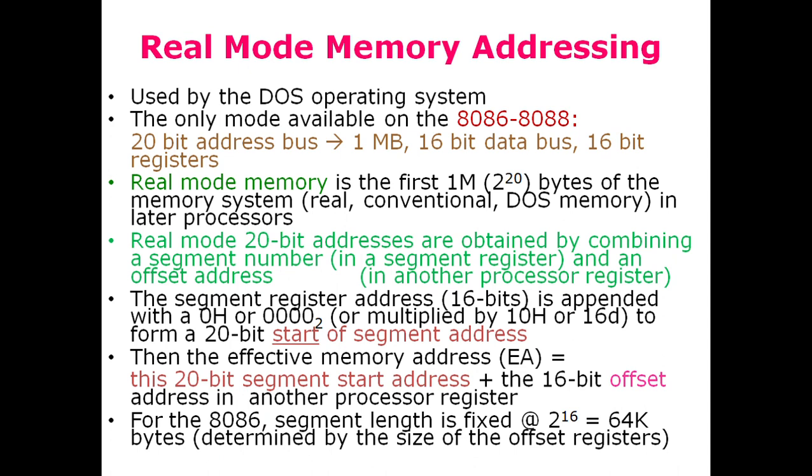There are two modes of memory addressing or memory segmentation in the Intel family of microprocessors. The first mode is the real mode of memory addressing. It is used normally in the DOS operating system, disk operating system, and this is the only mode of memory addressing available in the 8086 and 8088 microprocessors.